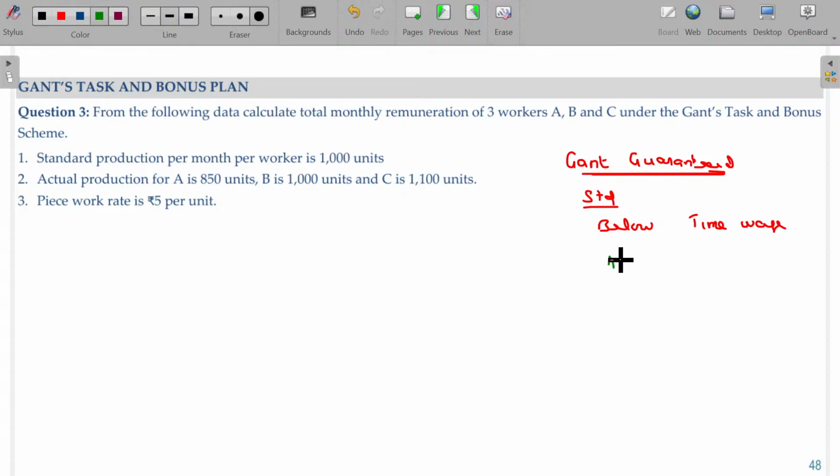At standard means 120% of piece wage or time wage, you will get the same answer.